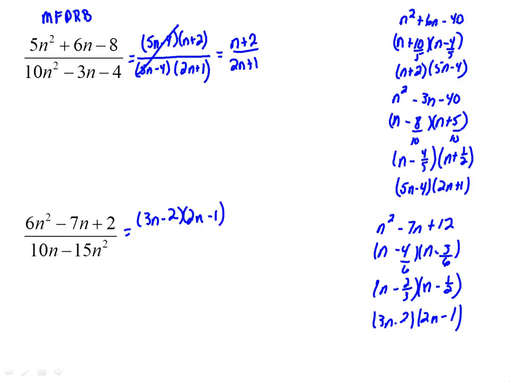All right, on the bottom, we need to put this in descending order first. So we're going to have negative 15n squared plus 10n. I don't want a negative leading coefficient, so I'm going to factor out a negative 5 here. And so when I do that, I'm going to have a negative 5n actually.